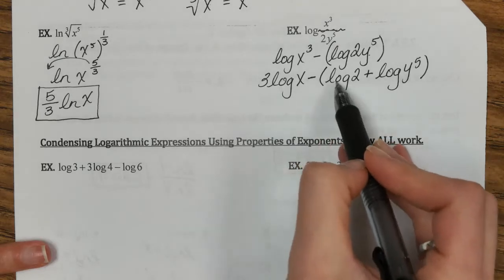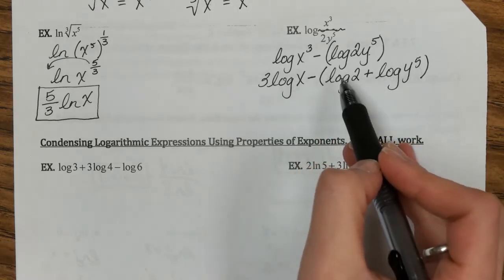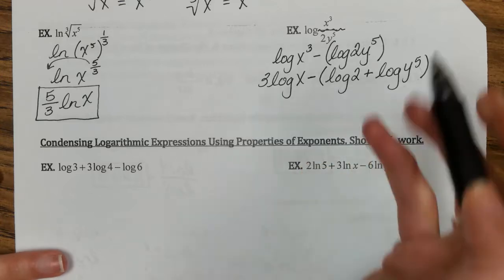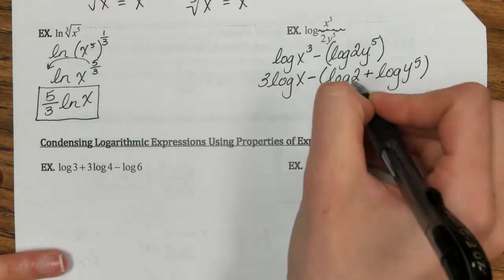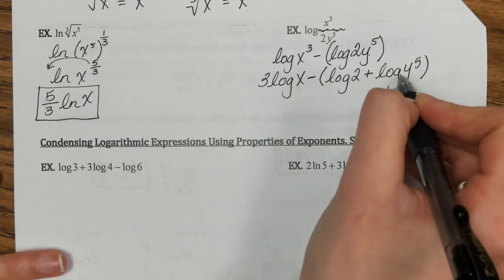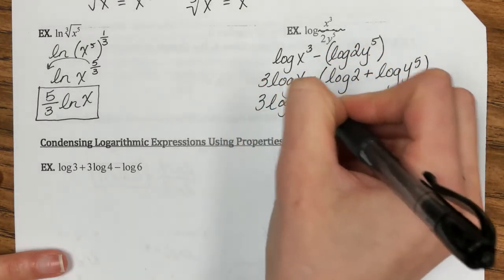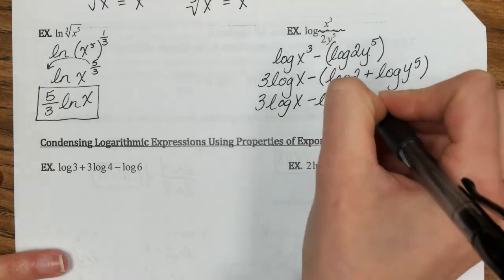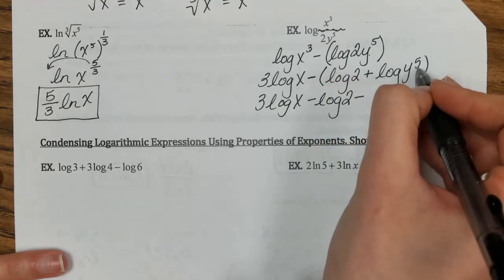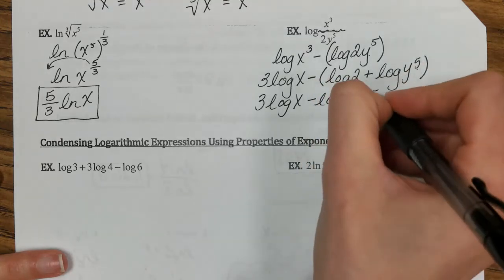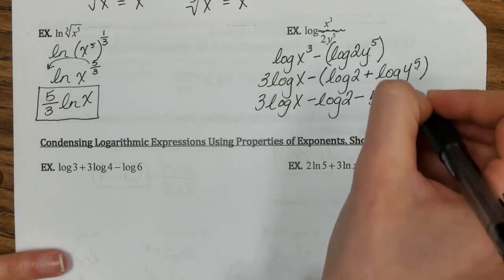I'm subtracting that entire thing. Well, with your properties of distribution, that's what makes everything in the denominator have a minus in front, because what I'm doing is 3 log of x minus log of 2 minus, now I'm going to take care of that 5 and do 5 log y.